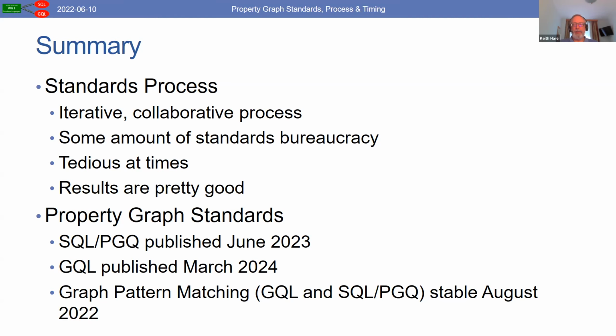Well, from a technical perspective, the graph pattern matching is going to be stable by the end of this week, because the graph pattern matching is identical with PGQ, and PGQ will be done this week.